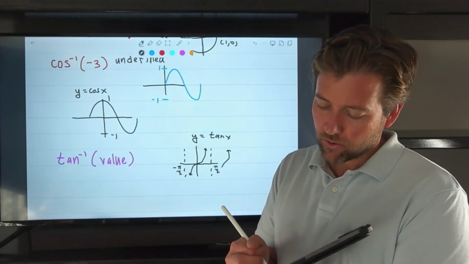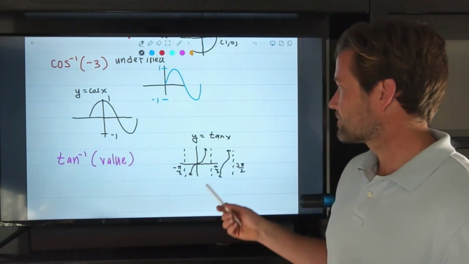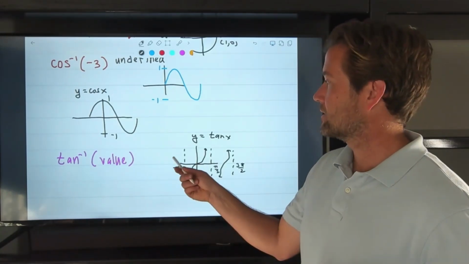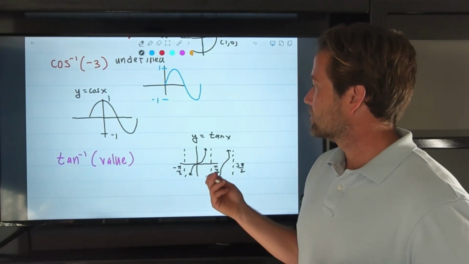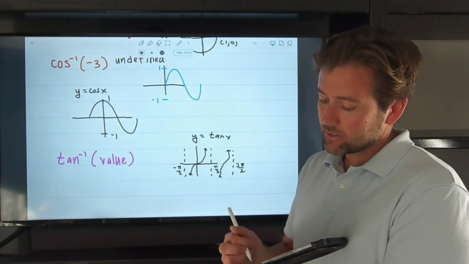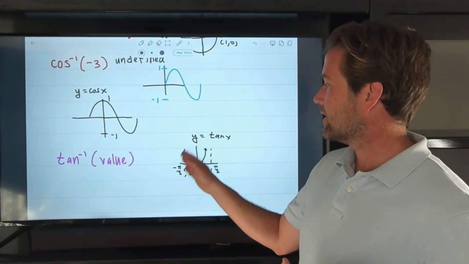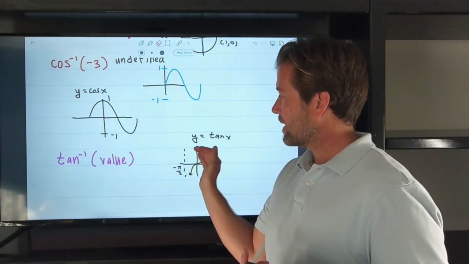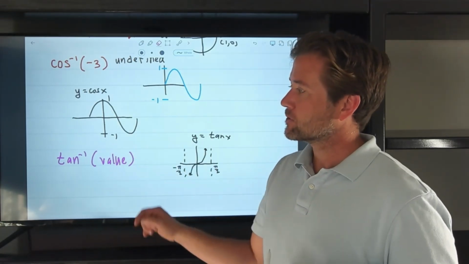If I were to draw more of this graph, it would not pass the horizontal line test, which means its inverse would not be a function. And so that's why we restricted tangent to be between negative pi over 2 and pi over 2.